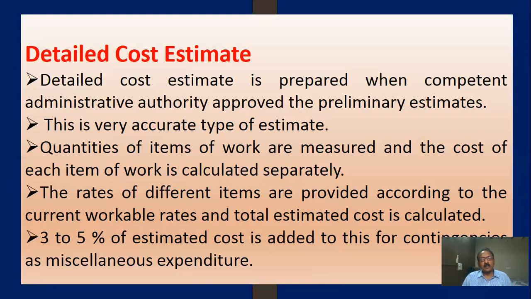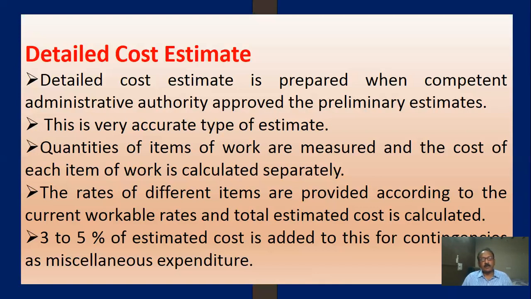Quantity into cost gives the cost of that item. If you add all items, you get the total cost of the estimation, and we add some additional percentages for items like sanitary or electrical fittings, contingency charges, unforeseen charges, and lump sum. That will come in the detailed estimation.